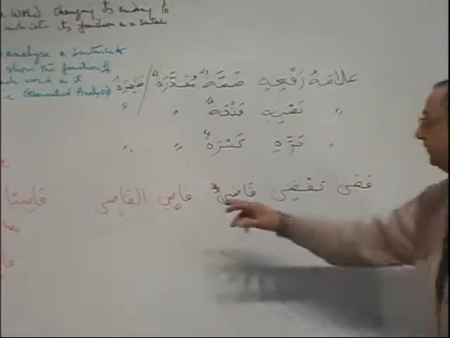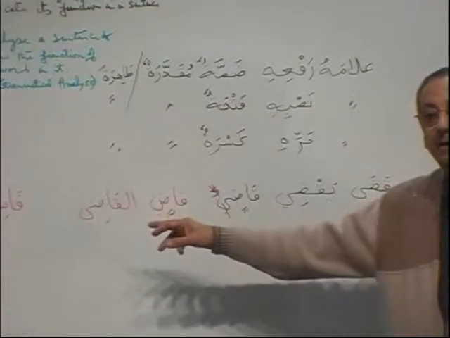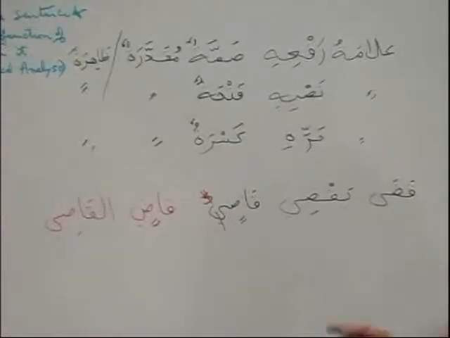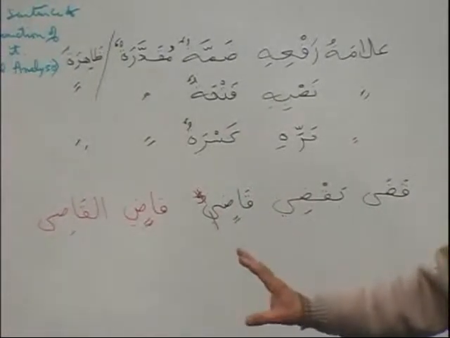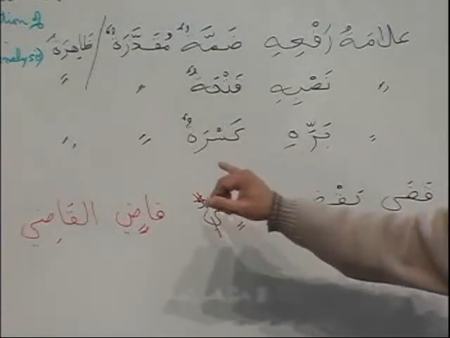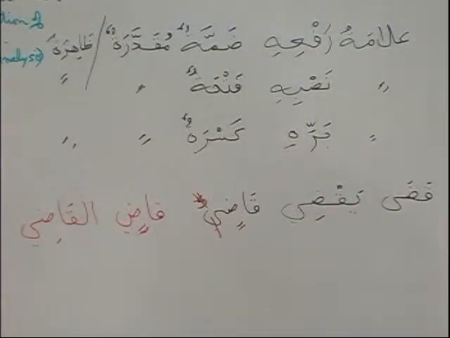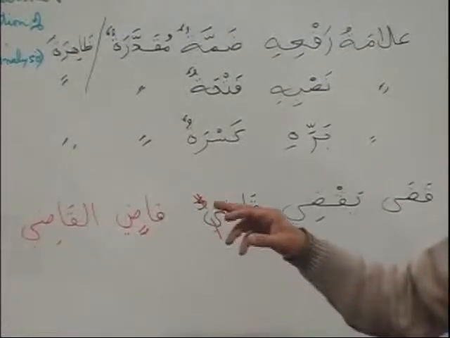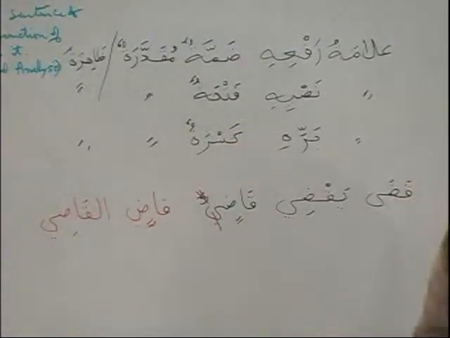And then if it is majroor, it will still remain in the same form. And then you will say alamatu jarrihi kasratun muqaddara. Okay. Now, when it is mansub, then it will be alamatu nasbihi fatahatun zahira.